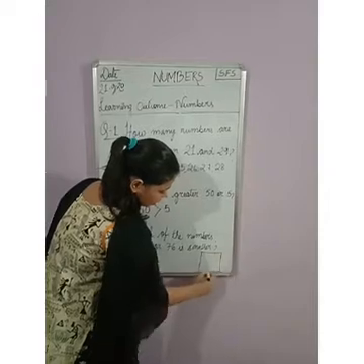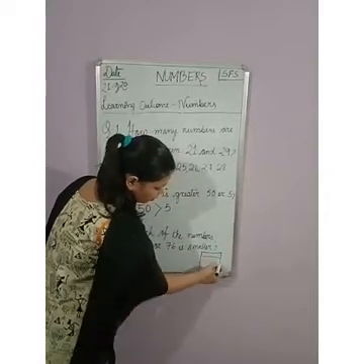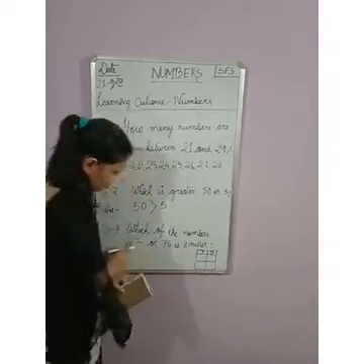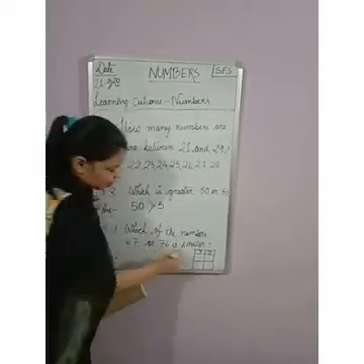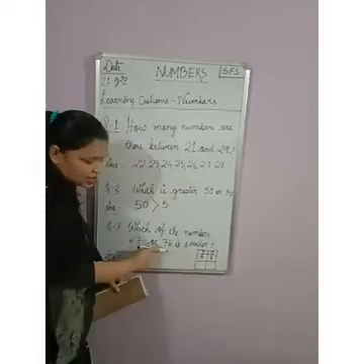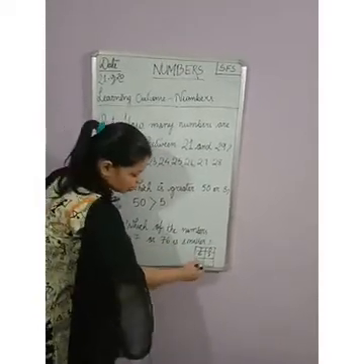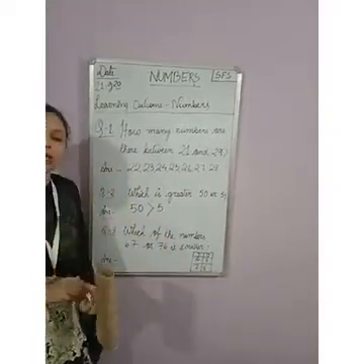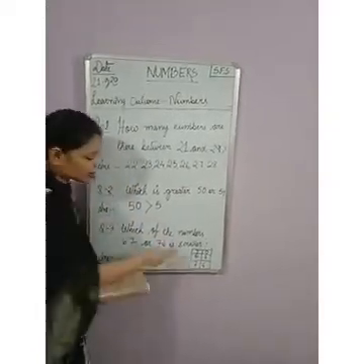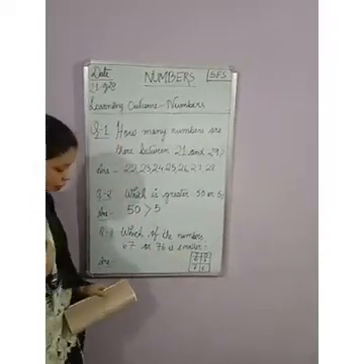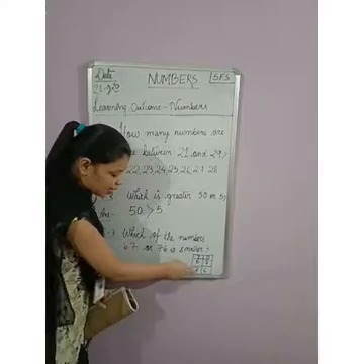This is the place value chart for a 2-digit number. Ones, tens. What is the first number? 67. What is the next number? 76. When we are comparing numbers, we always start from the tens place. In the tens place, what are the numbers given here? 6 and 7.